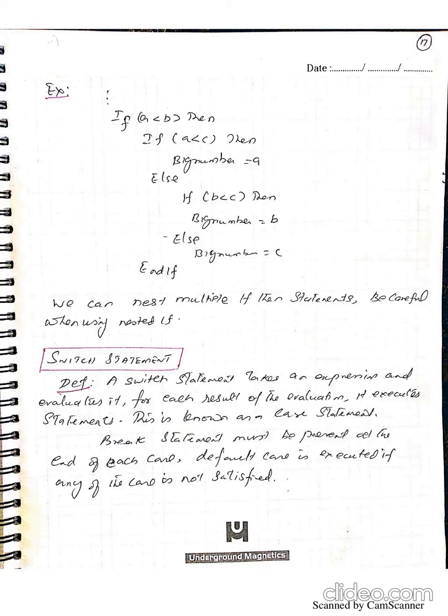Explain the list view common control in detail. Question number 18. The list view control is basically an advanced list box.